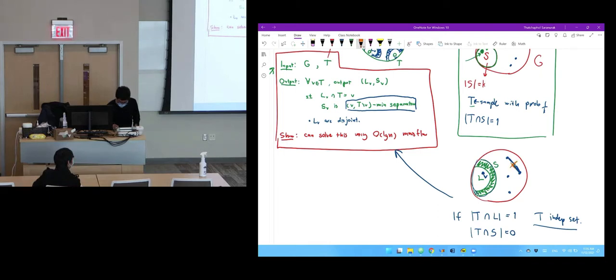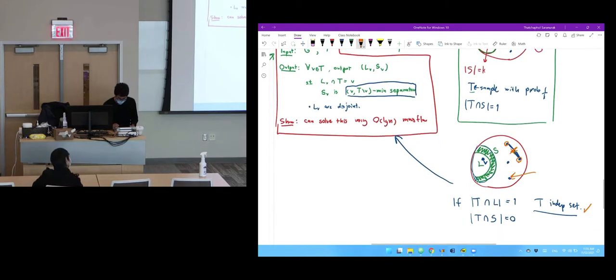Let's say remove this, and now they are independent. And we don't really care about the terminal set nodes outside S and L. So this is quite easy to ensure.